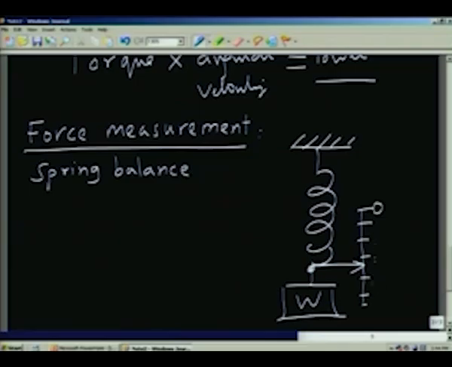This is 0 and maybe this corresponds to 10. So, this is the weight. So, spring balance, what happens when there is no weight here, it will be in this position, uncompressed, unextended position. I have of course exaggerated the extension, it is extending quite a bit here.